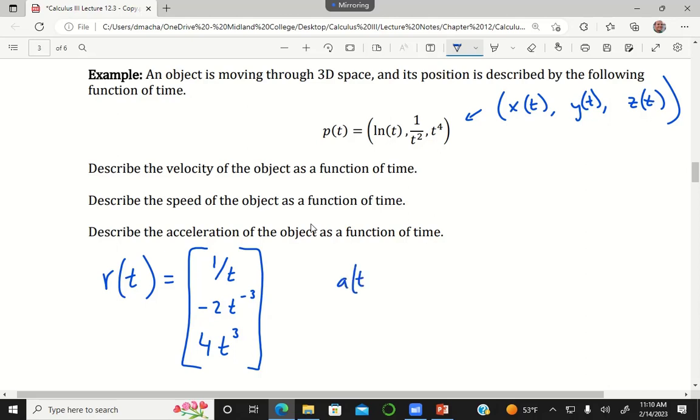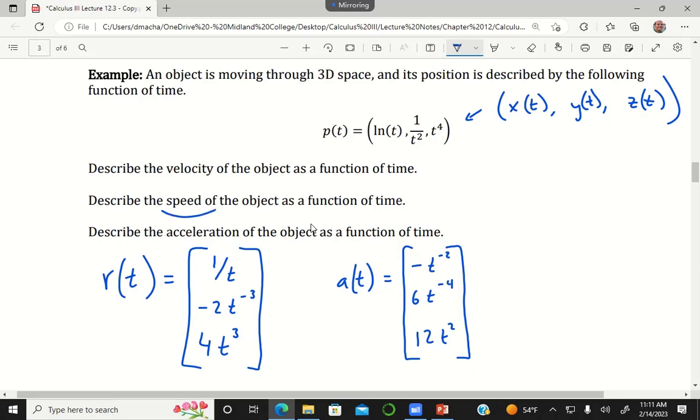Your acceleration vector is, again, you just take the derivative with respect to t of the velocity vector. And so that should be negative t to the negative 2 power, 6t to the negative 4 power, and 12t squared.